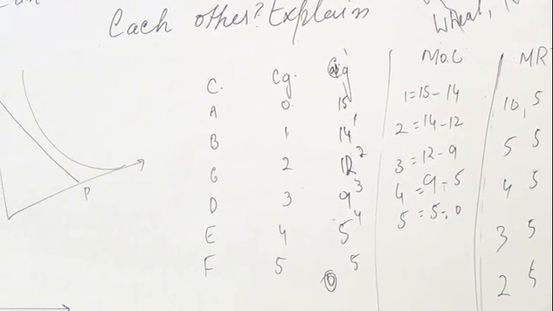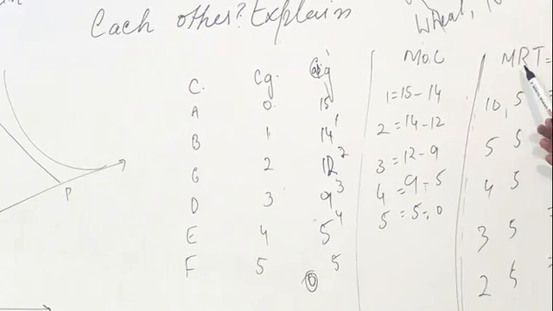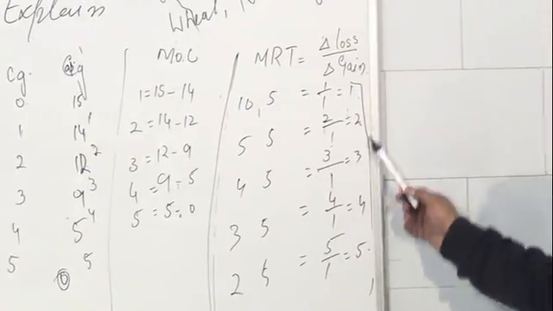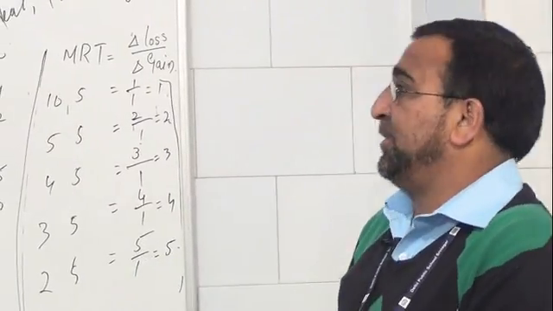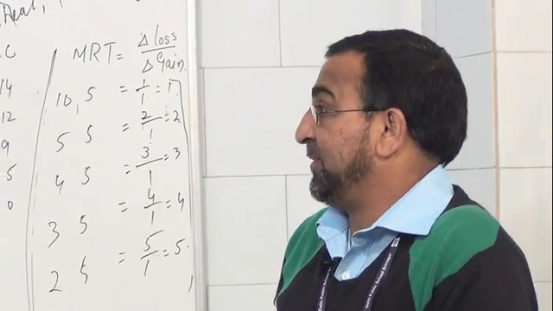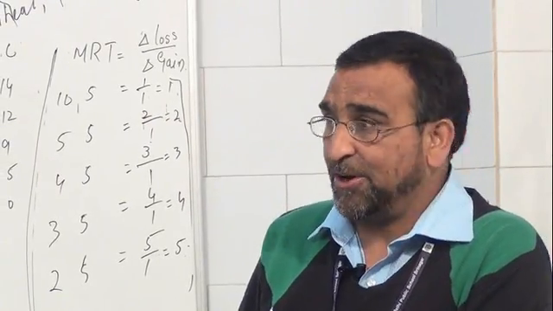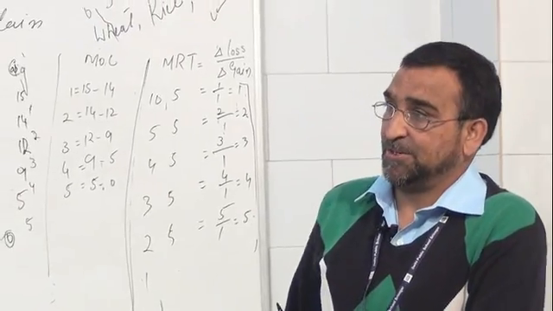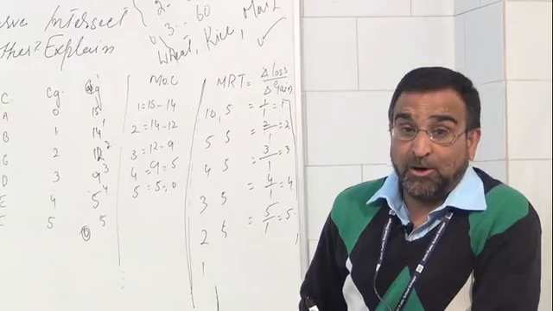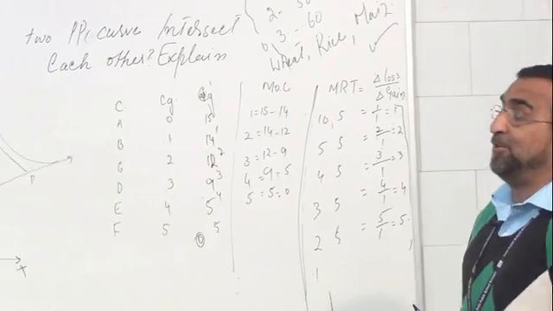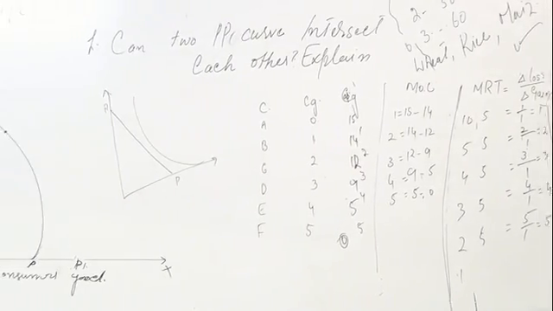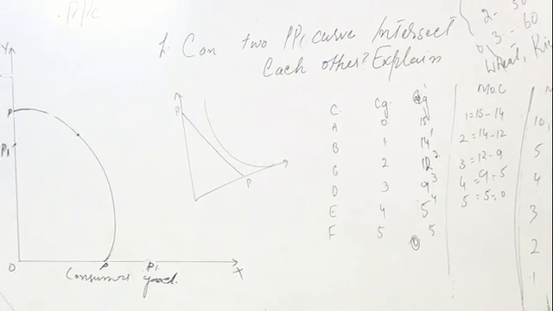But actually what happens in the economy, marginal rate of transformation is always in an increasing order. So the production possibility curve is concave to the origin, and it slopes downwards from left to right. That is all about the production possibility curve, and that is all about unit number 1, which contains 4 marks in your board examination.